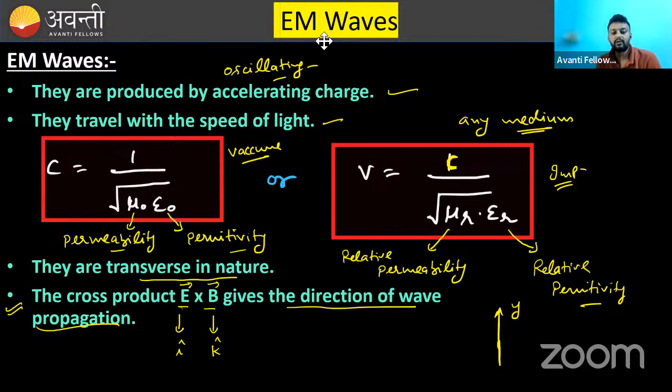Okay, I'm repeating the question. E, that means electric field is in the i cap direction. Magnetic field is in the k cap direction. Then what will be the direction of speed? What will be the direction of, you can say, wave propagation? Veena is saying minus k.